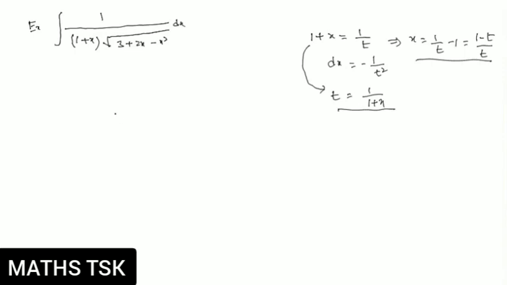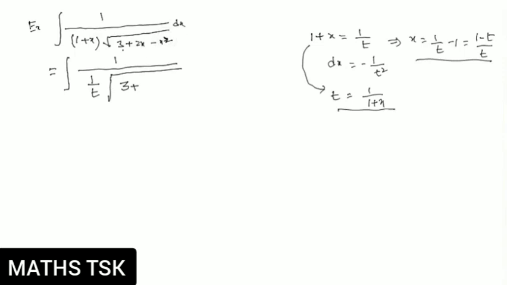So now come here. Let us take this as an integration. Important for 7 marks. Integration of 1 by, consider 1 plus x as 1 by t, root of 3 plus 2x minus x square.